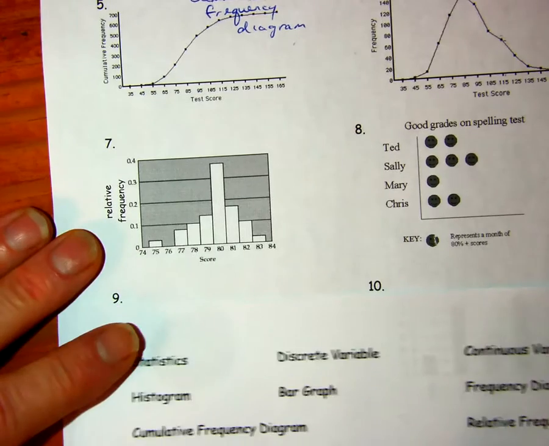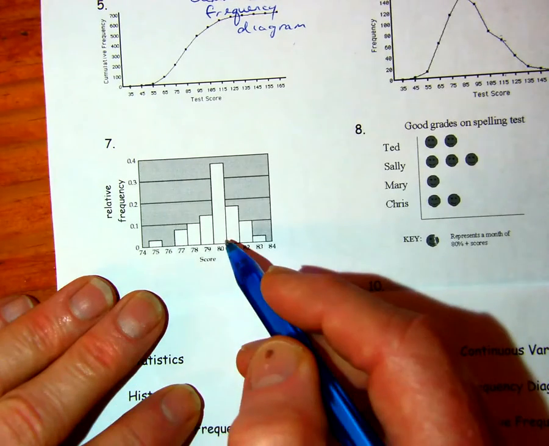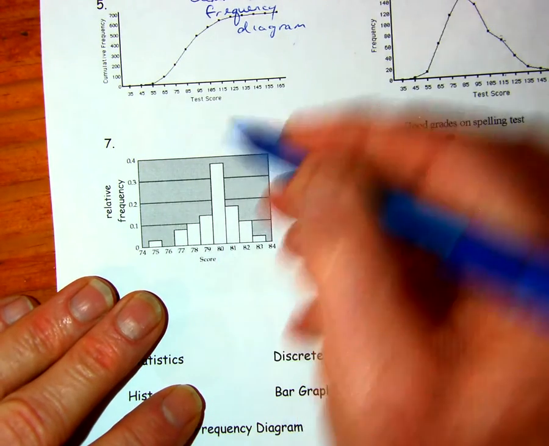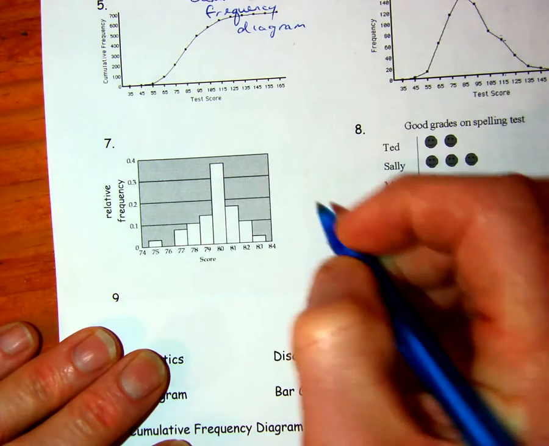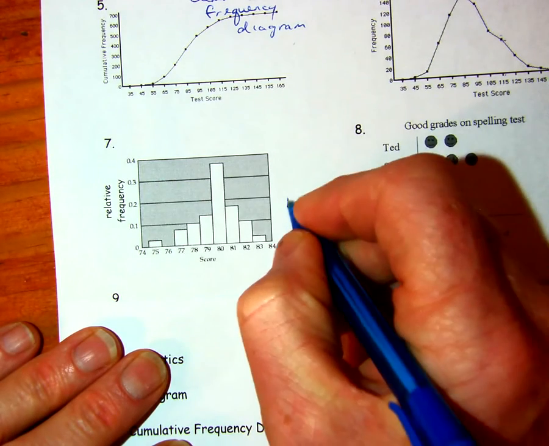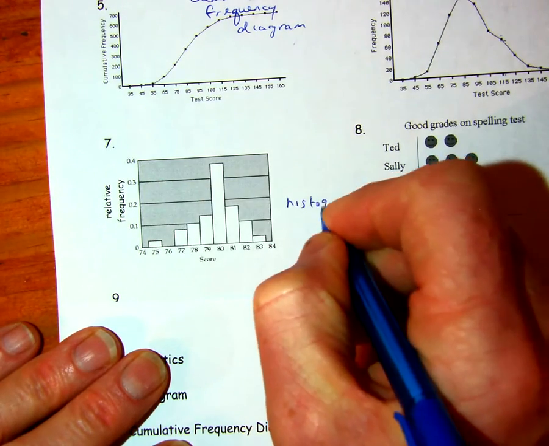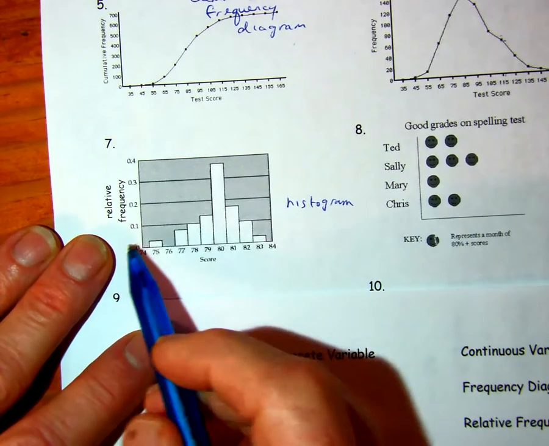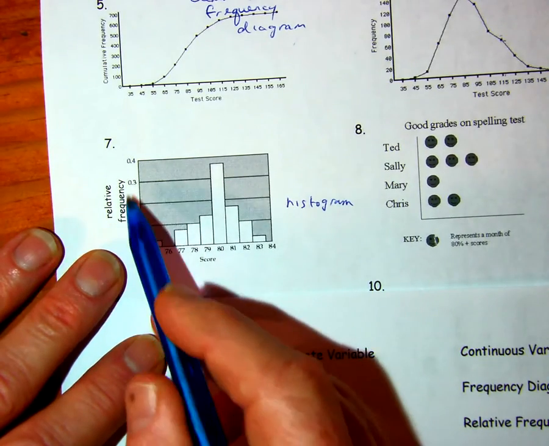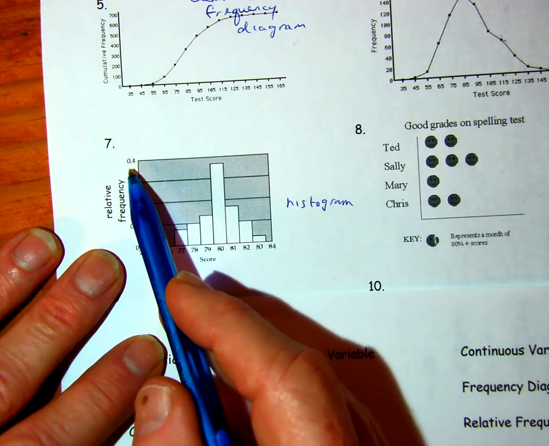What type of diagram is this when you have bins and heights and what do we call that? A histogram. Anytime it's like that, it's a histogram, but it's relative frequency. Basically, it's probability. This is what this is.